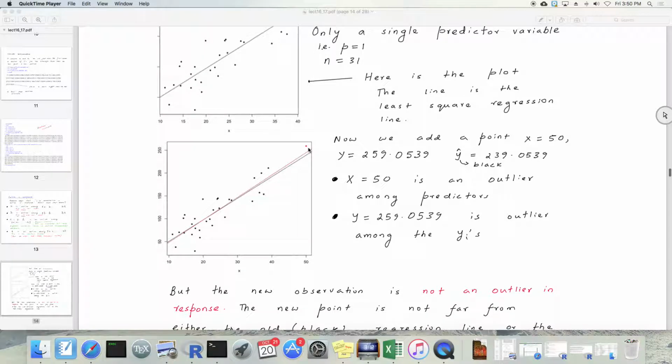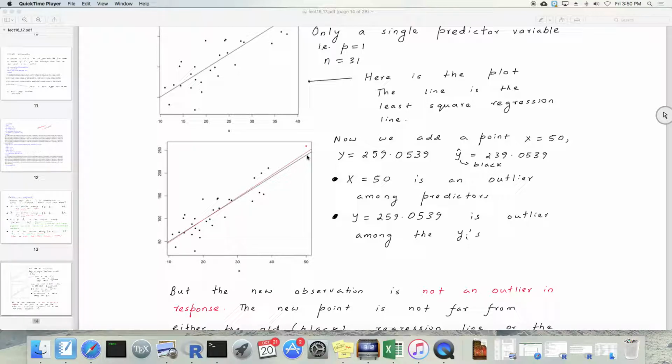The red one is at x equals 50, which means it's an outlier in x. And y is 259.0539, so this y is about 20 distance away from the black line. That's not too much distance.